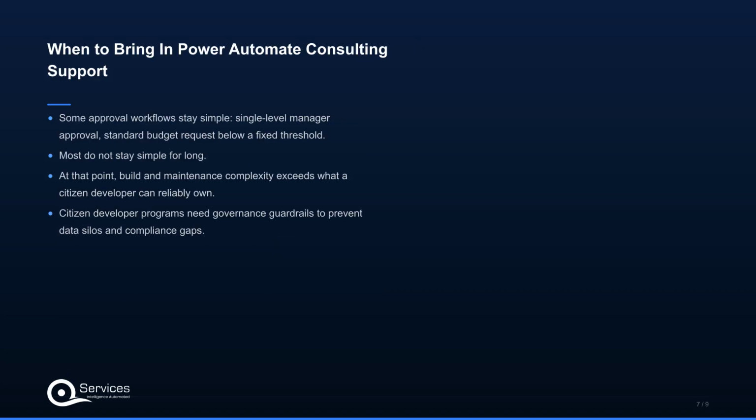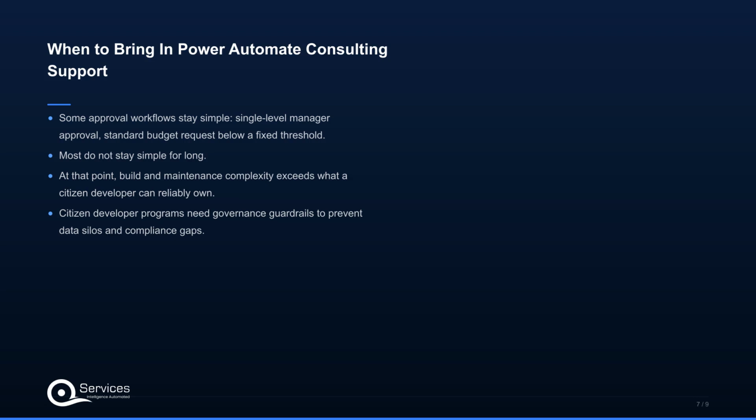Now, moving on to when to bring in Power Automate consulting support. Some approval workflows stay simple: single-level manager approval, standard budget request below a fixed threshold. Most do not stay simple for long. The moment you add conditional routing, SLA tracking, external system integration, or compliance reporting requirements, the complexity outpaces what citizen developer tools handle reliably.